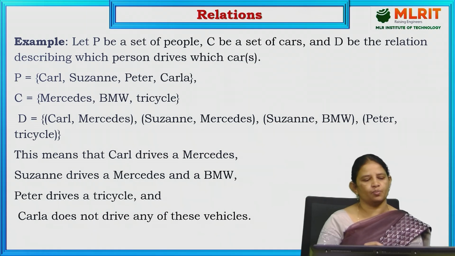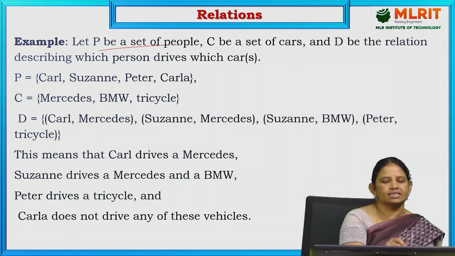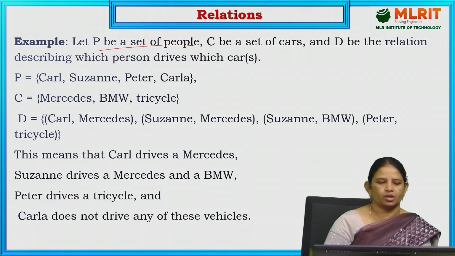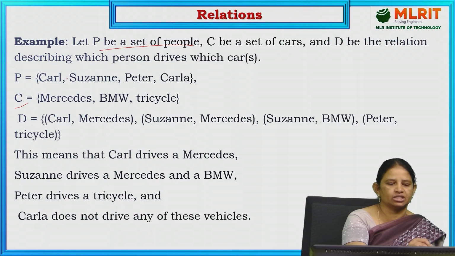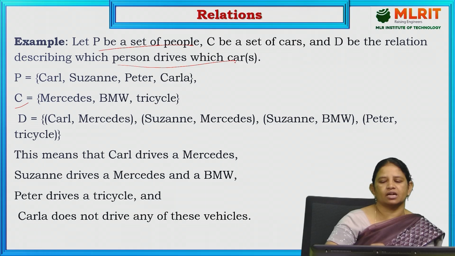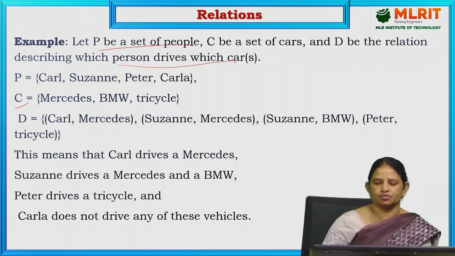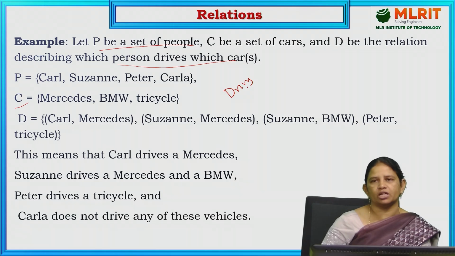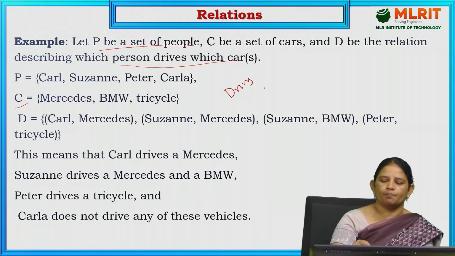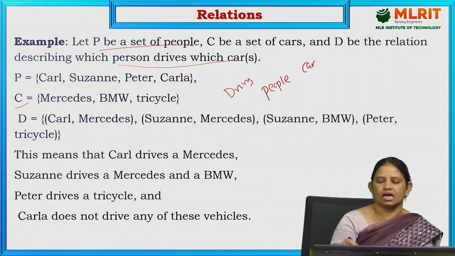Consider the example. Here P is a set of people, C is a set of cars, and D is the relation describing which person drives which car. Here driving is the relation between the people and the cars. People is one set, car is another set.